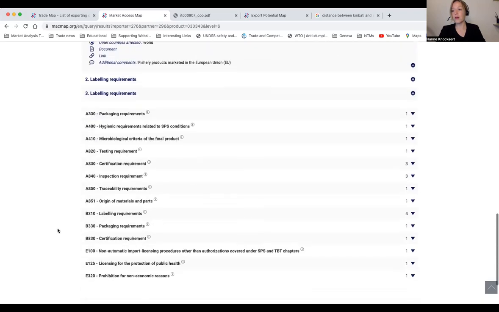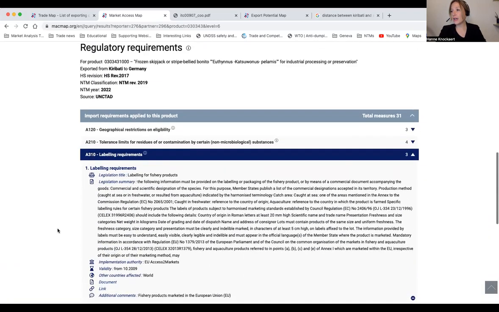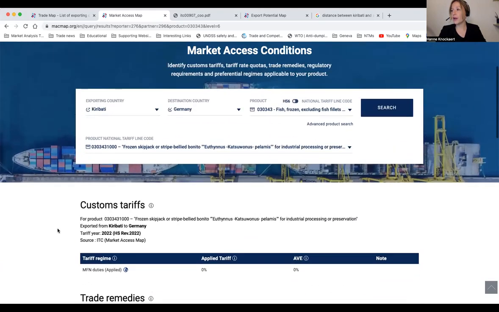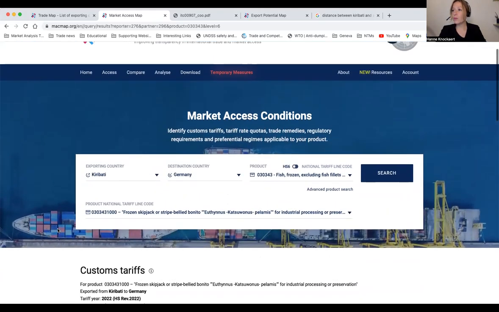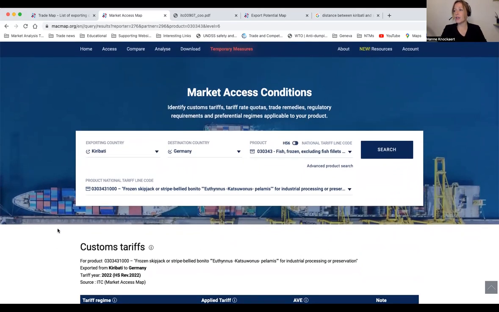So we try to keep this as updated as possible, but I saw that there's no information for Australia. I hope that through the Customs Authority of Australia, you can find this information directly.